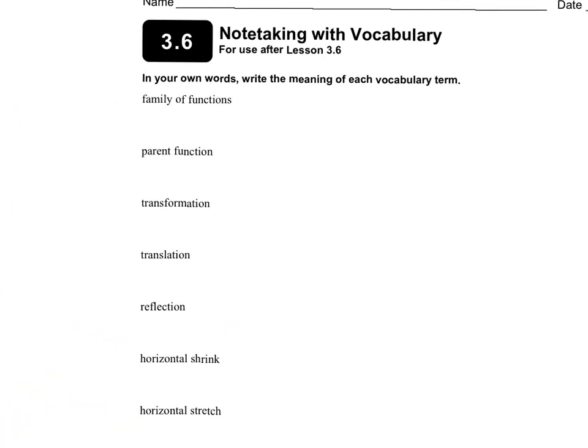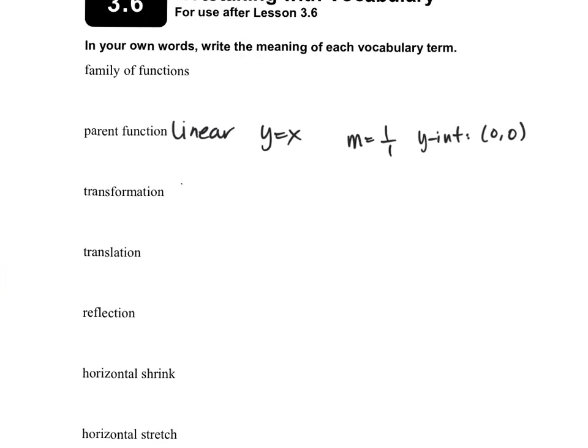So parent function, when you're talking about linear, y is equal to x. Okay, so this means that your slope is 1 over 1 and your y-intercept is 0, 0. Okay, a transformation is some sort of movement on your graph.